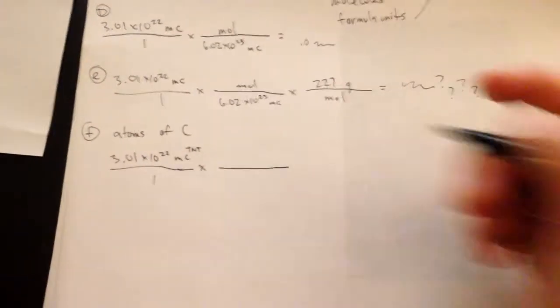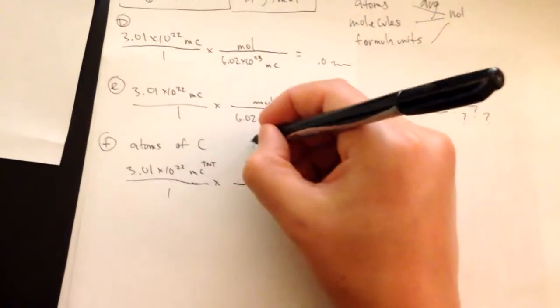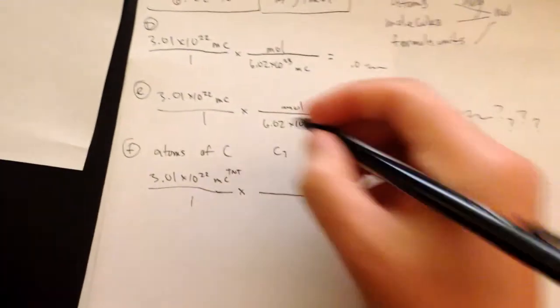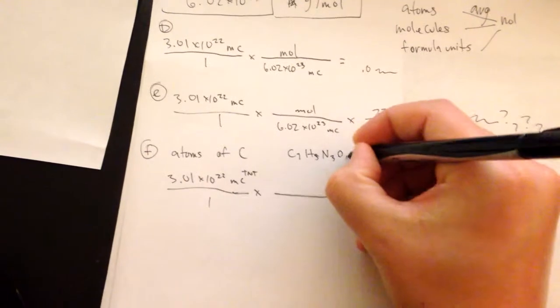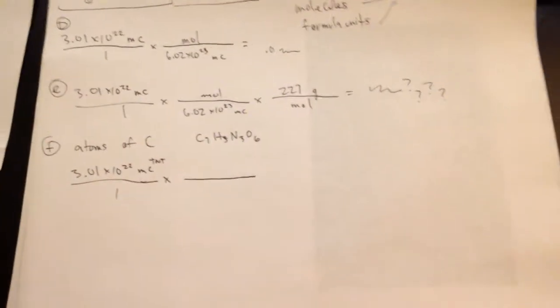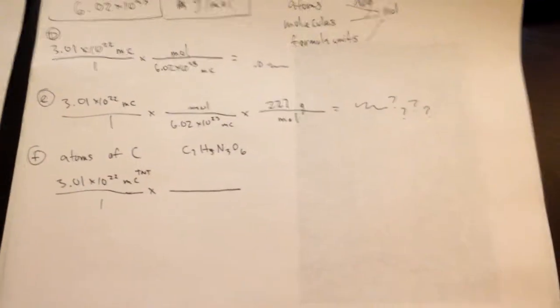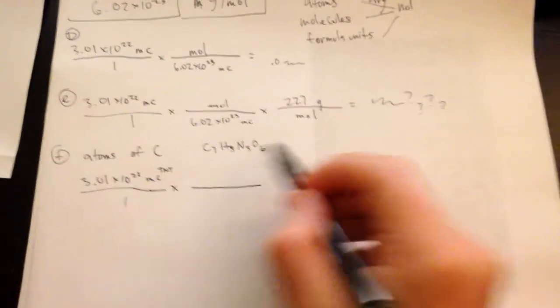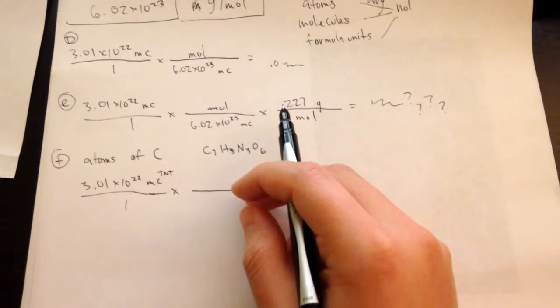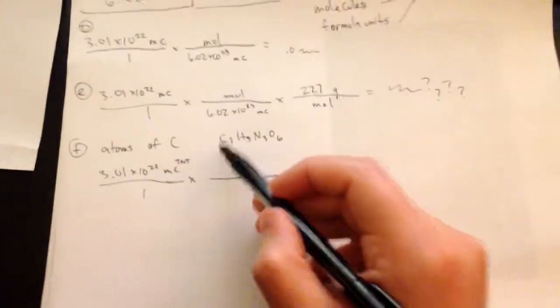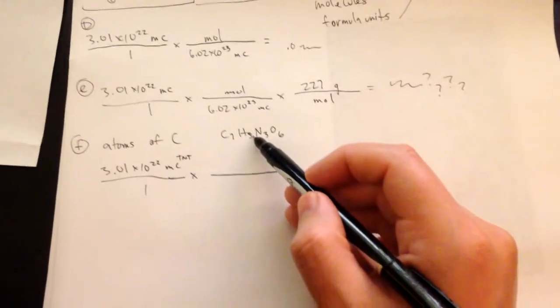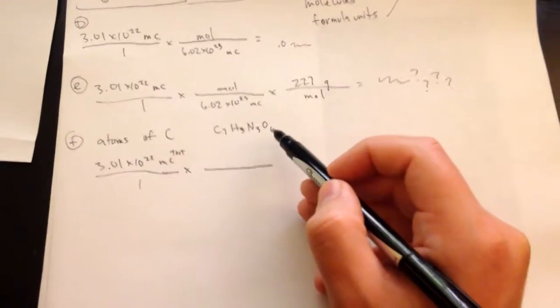So think about it this way. One TNT is C7H5N3O6, right? So 1 mole of TNT contains all of these. What you're really saying is that 1 mole of the entire thing contains 7 moles of this, 5 moles of this, 3 moles of this, and 6 moles of that.